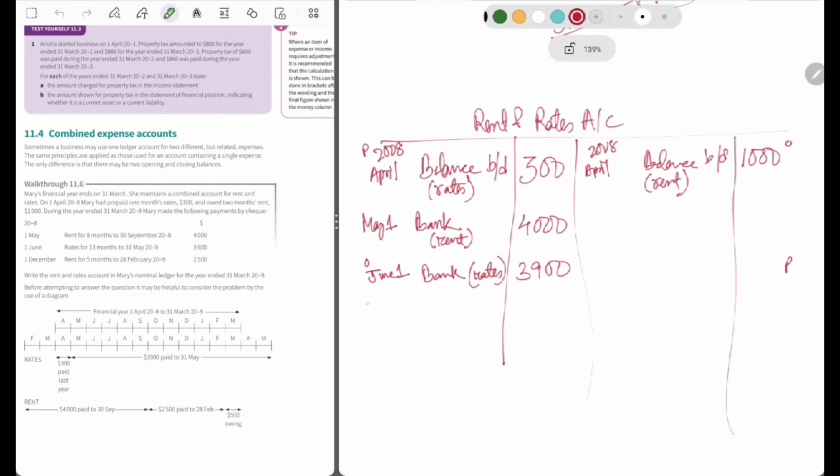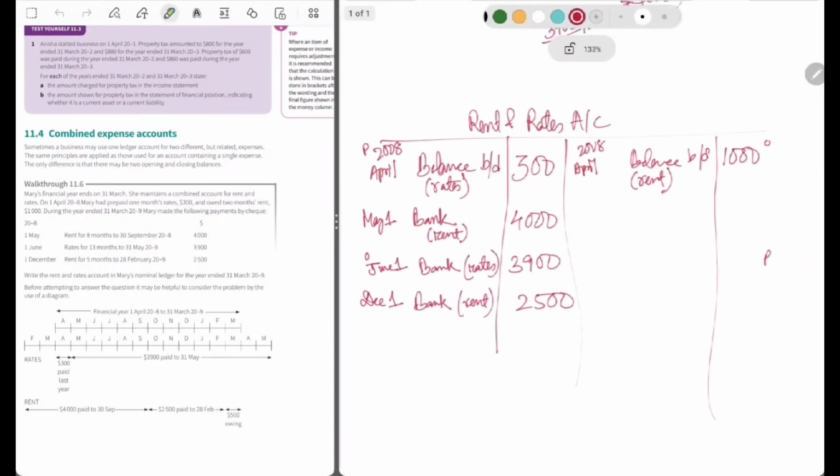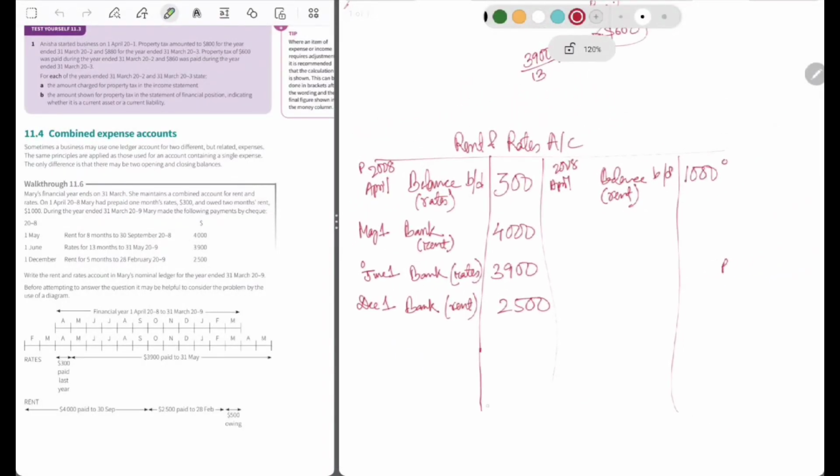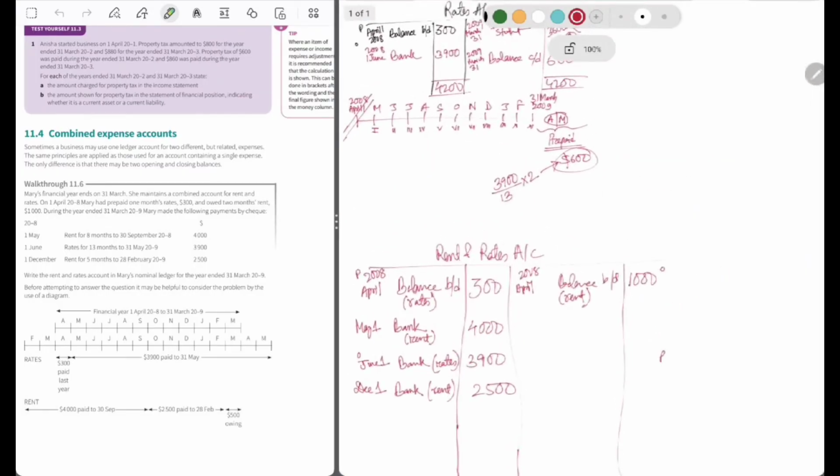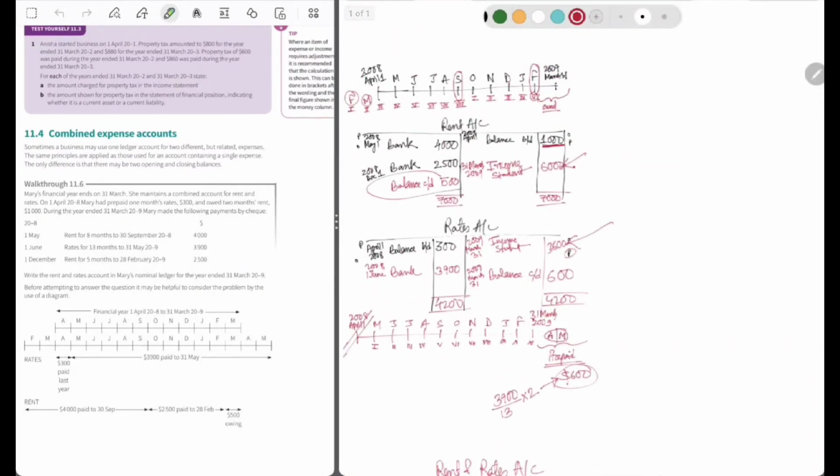Thereafter we have 1 December. This is for bank, this is for rent. What is the amount of rent? $2500. Yes, thereafter we have also seen there had been outstanding and prepaid balances of rent and rates. Yes, if you are confused, just look here, this one.